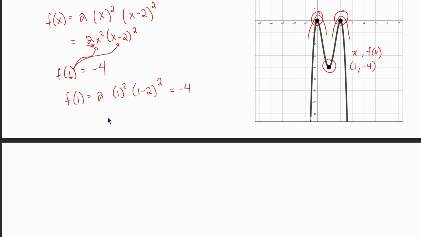So a times 1 is just a, times 1 minus 2 is negative 1 squared, that is also 1, so that is negative 4. So the value of a now is negative 4. So what is now our function? F of x now equals negative 4 x squared times x minus 2 squared.